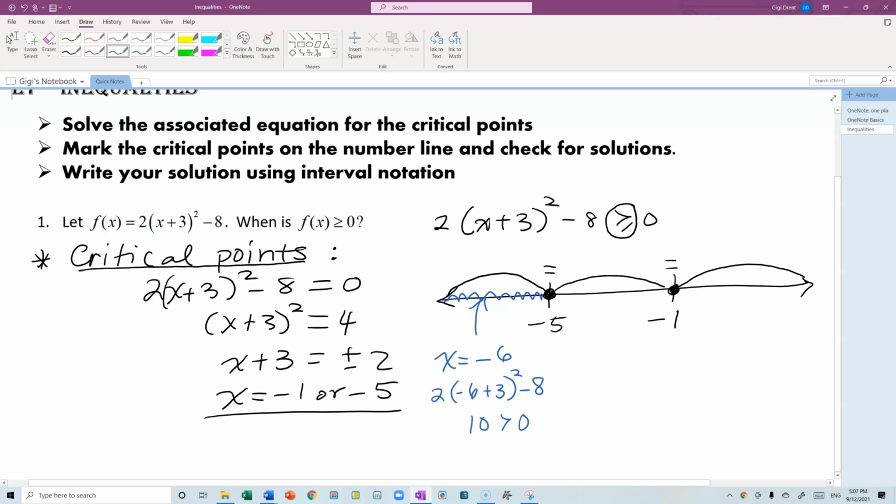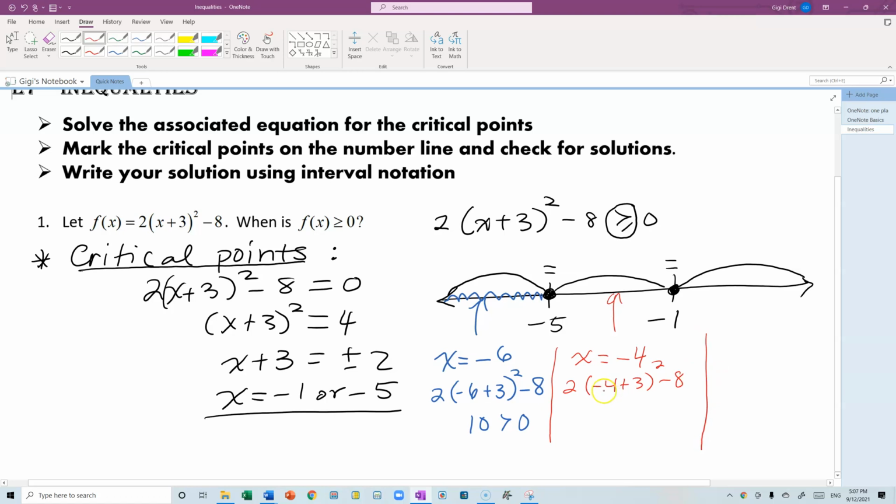Okay. Next, you will pick a number in here, between negative 5 and negative 1. So let's say x is negative 4. You will have 2 times (negative 4 plus 3) squared minus 8, and the question here is, is it greater than 0?